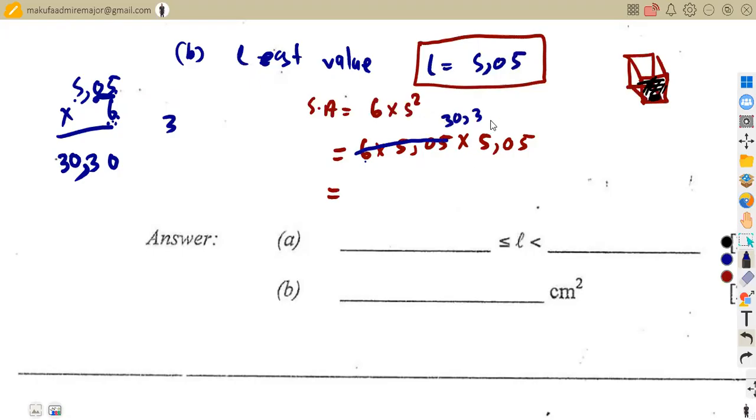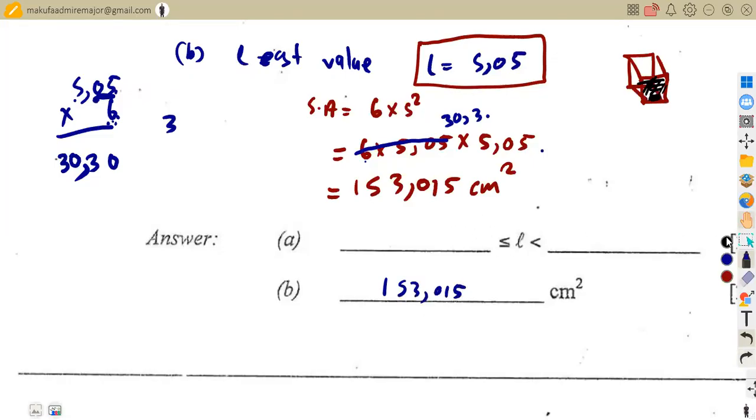So it's going to be easier for you to multiply 30.3 and 5.05. If you multiply properly, you will obtain something like 153.015, which is the area measured in square centimeters. So that was our least possible area in this case, which is 153.015.